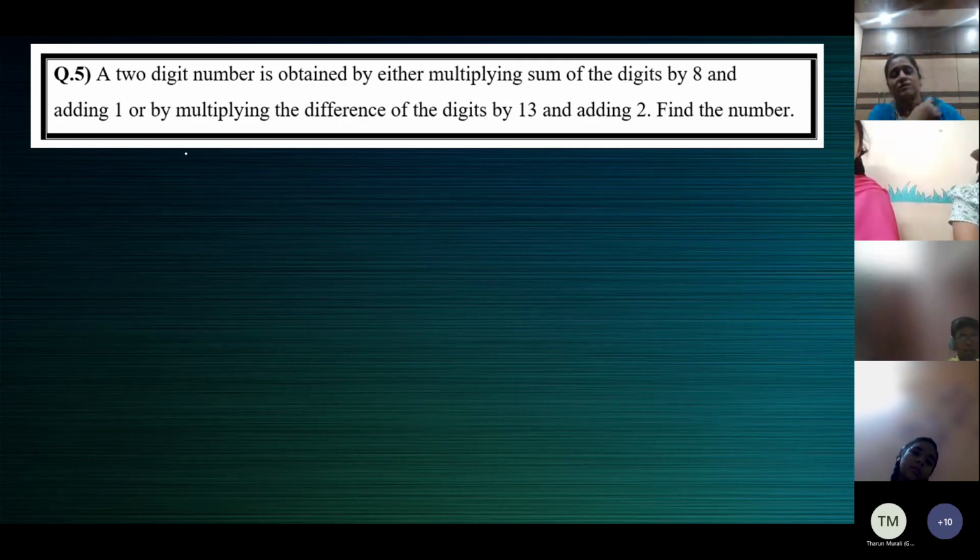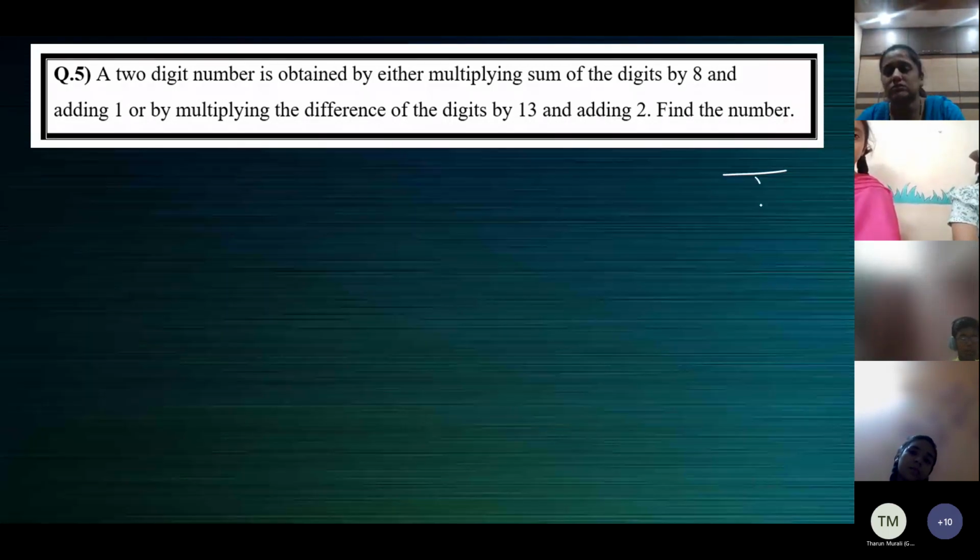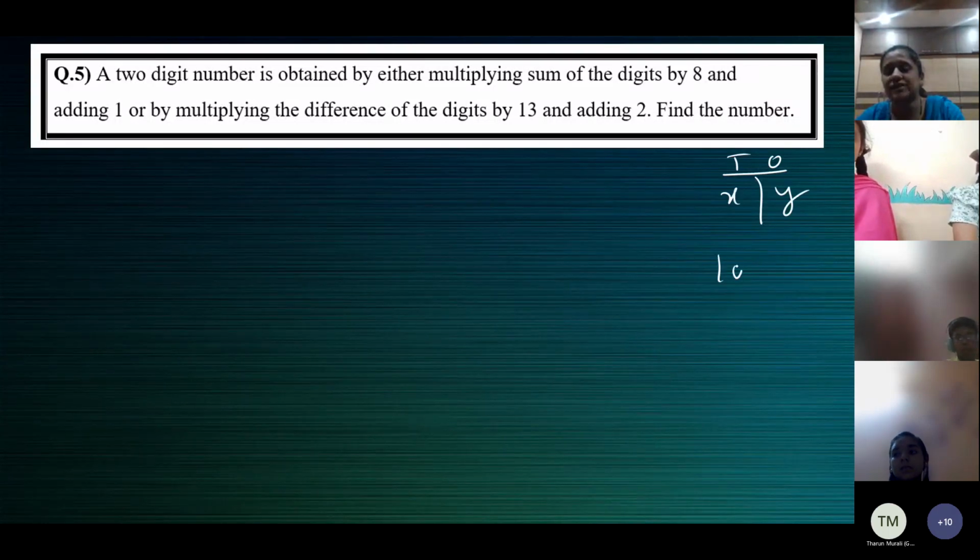So for a two-digit number, if we take this assumption, xy, the number is 10x plus y. The digits are x and y. The tens digit is x. The units digit is y.